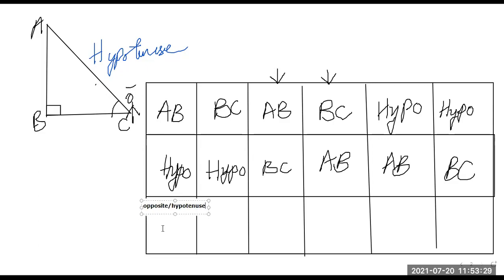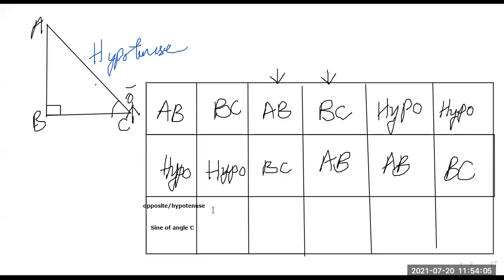So what do we call this one? We call it as sine of angle C. Sine जब भी कहा जाता है, उस angle के sine ratio का numerator denominator क्या होंगे? Opposite by hypotenuse.